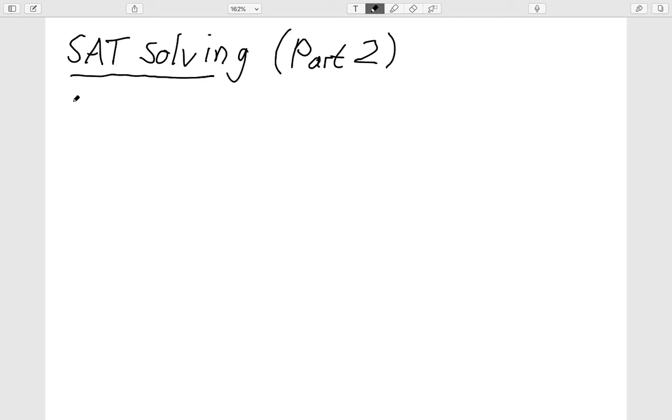So it's using DPLL, so using a SAT solver, but we're going to use the DPLL algorithm. So using DPLL to solve sudoku.